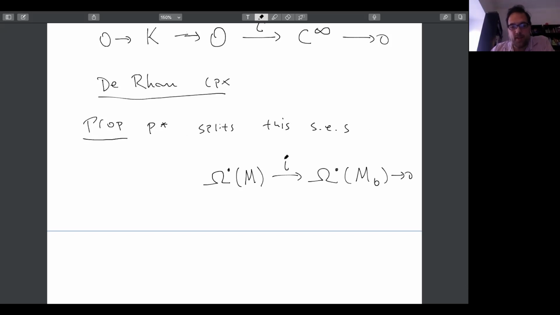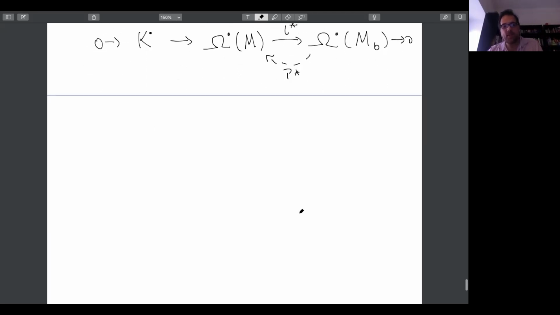Again, this is onto, and it's given by restricting to the body, and it has a kernel. So P star provides a splitting of this short exact sequence. And what this means is that we can write that middle part of the de Rham complex as a direct sum.